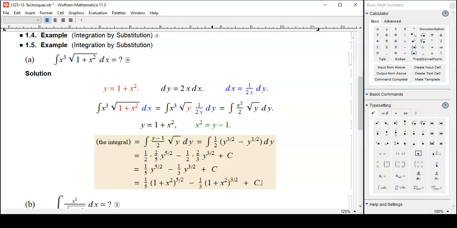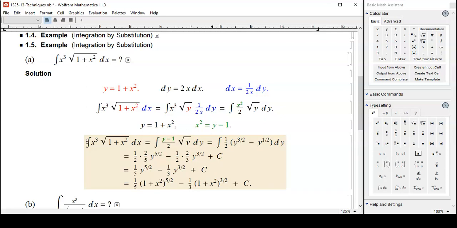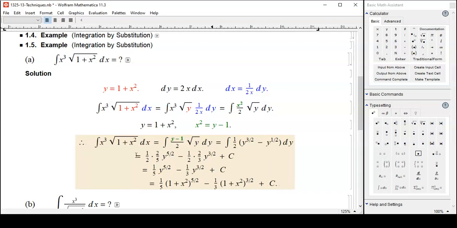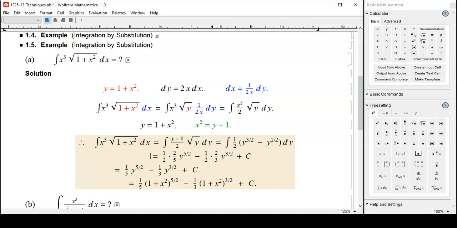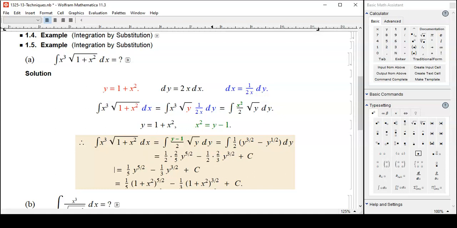Okay. Finally, that completes the problem. By the way, this entire thing was the original integral. Okay, that completes the problem.